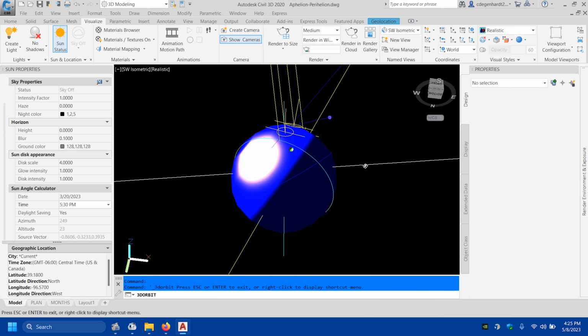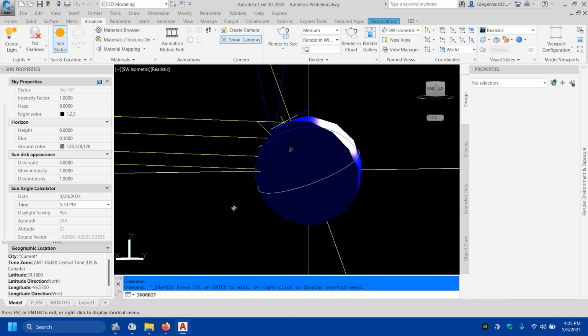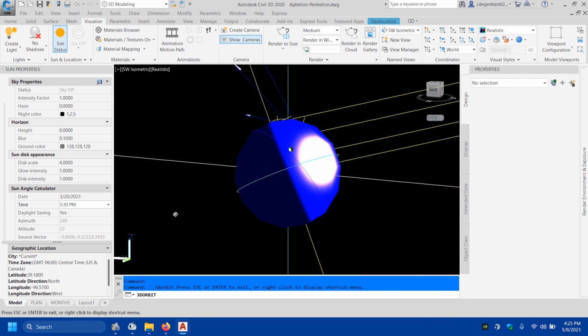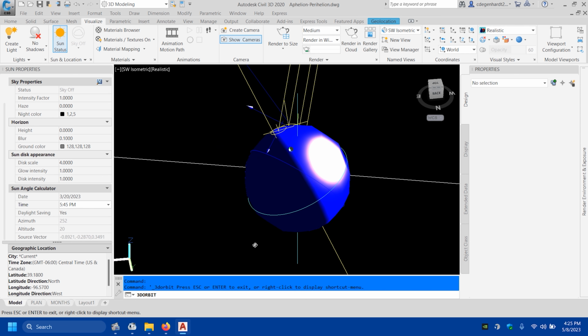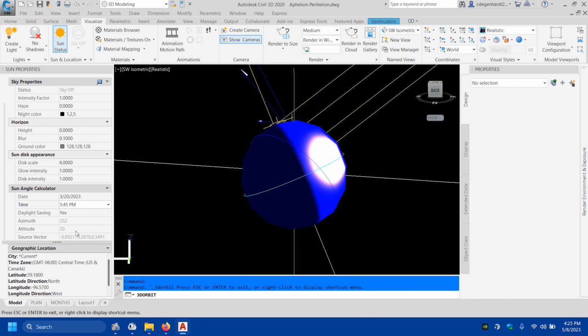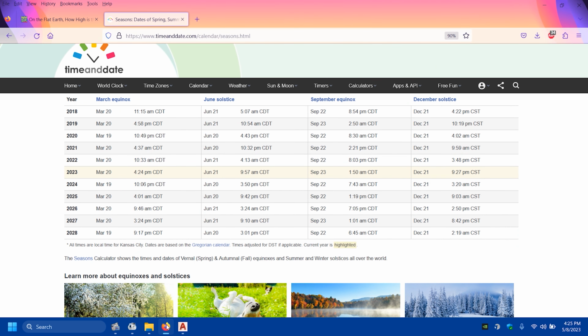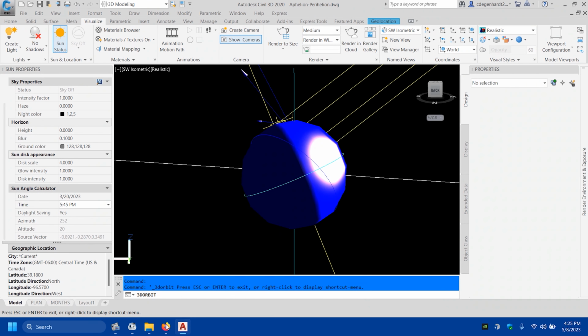So yellow line is the axis. So that's at 20. That thing said 424.